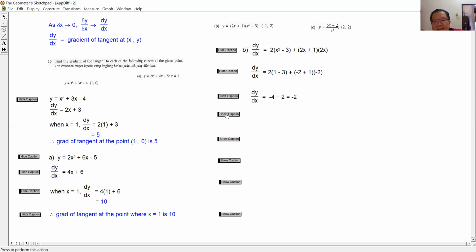And what can we say? The gradient of tangent at the point with x equals -1 is -2. So far, can you follow? Yes, sir.